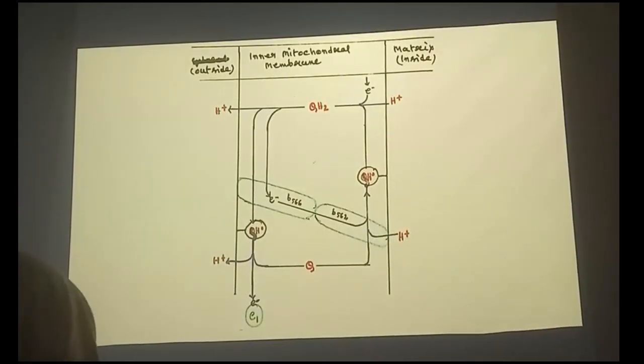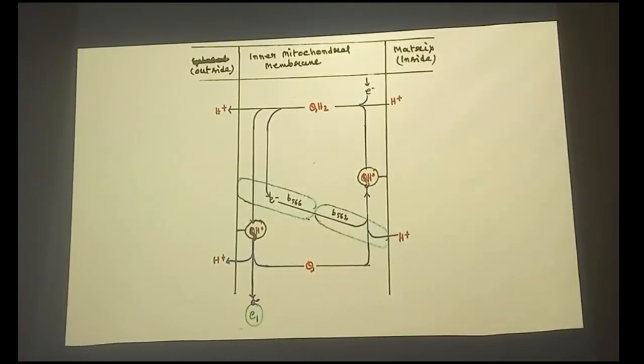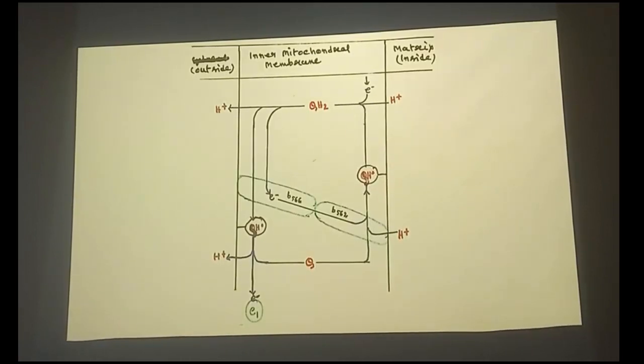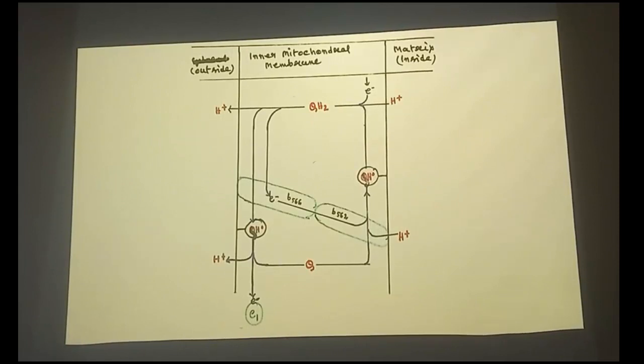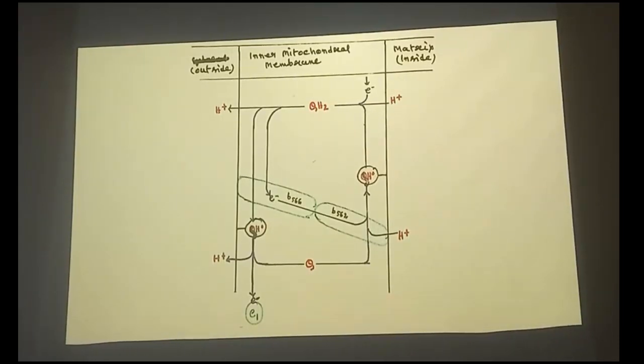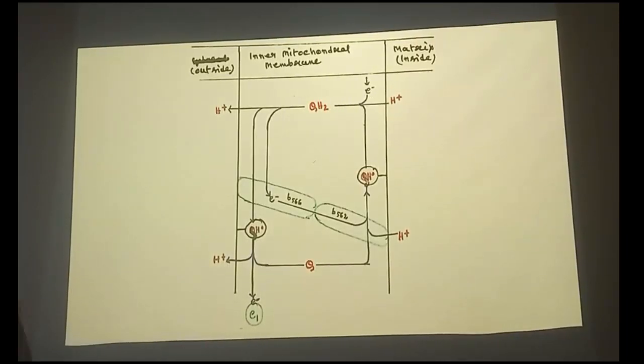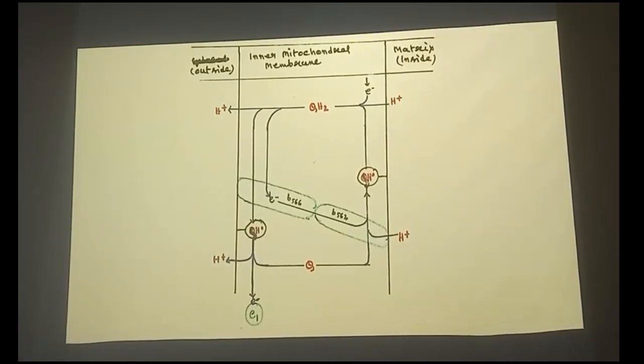Whenever an electron is being transported, a proton is also transported, but the proton is not only transported, it is pumped out from the matrix to the inner membranous space, making a gradient.